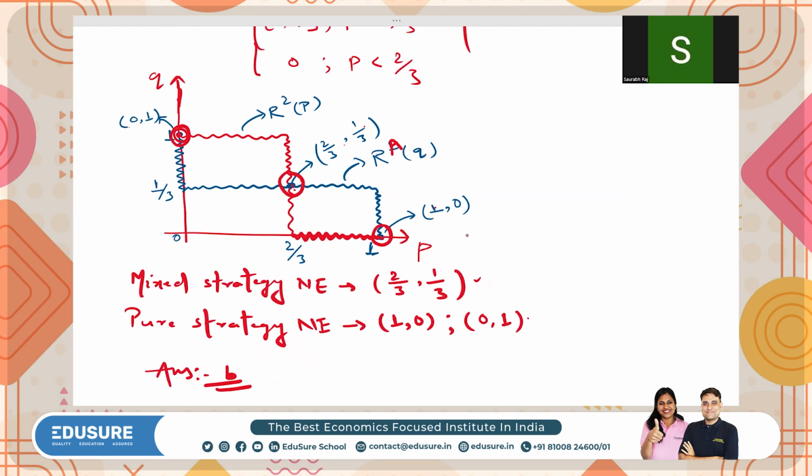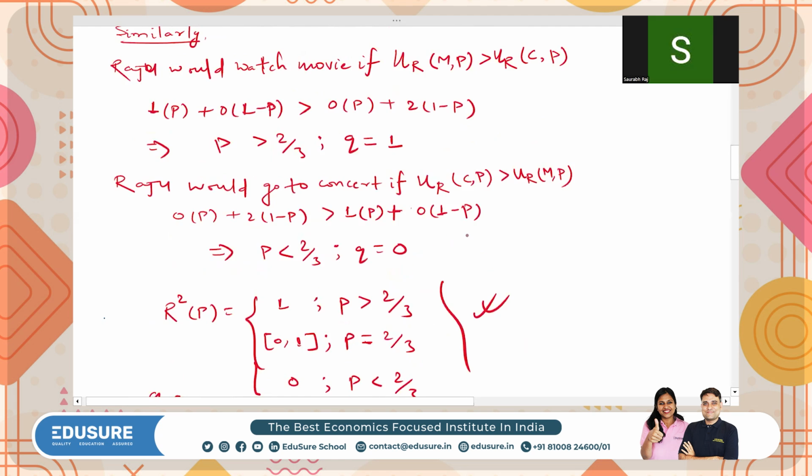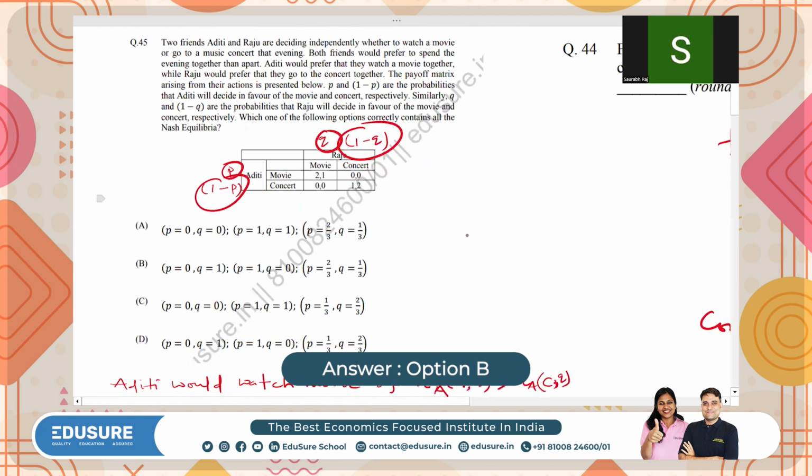In the mixed case the chances are less than 100%, so 2 by 3 is around 66% probability that he will choose this. Okay, so if you go through the options, option B correctly matches the premise of the question. So option B will be correct.